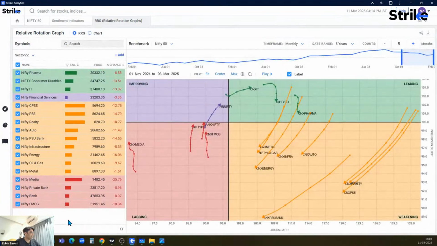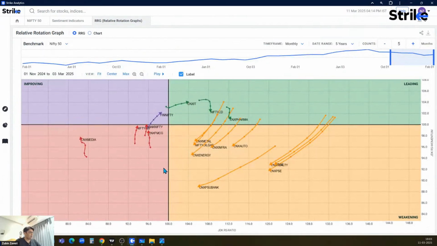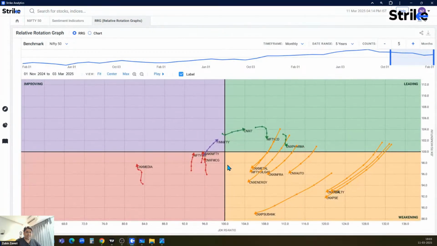There will be one table beside, and this is the graph. So basically, there are four quadrants that you can see: leading, weakening, lagging, and improving.